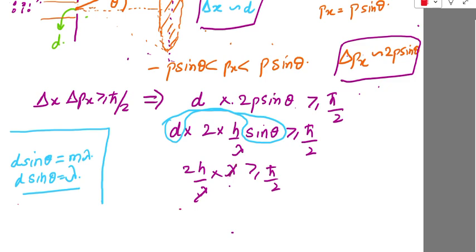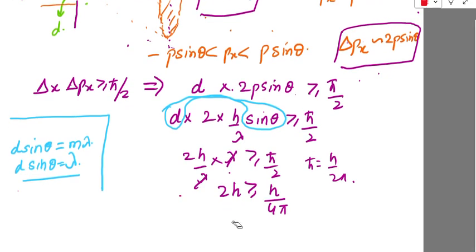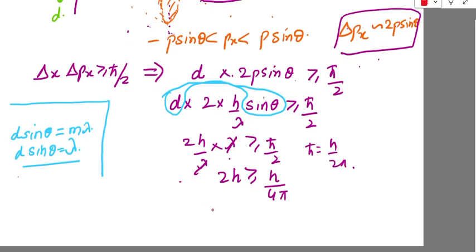So you have 2h greater than h cut by 2, and h cut is h by 2 pi, so the other side is h upon 4 pi. Obviously 2h is greater than h by 4 pi, however you want to consider it. So hence proved.